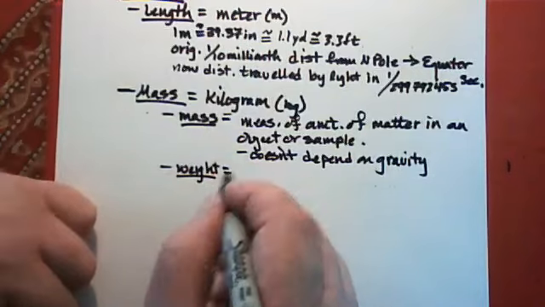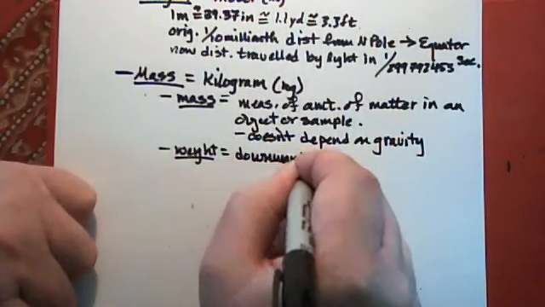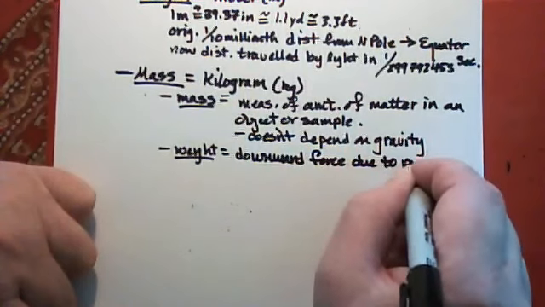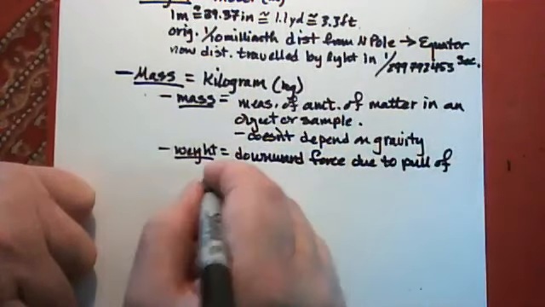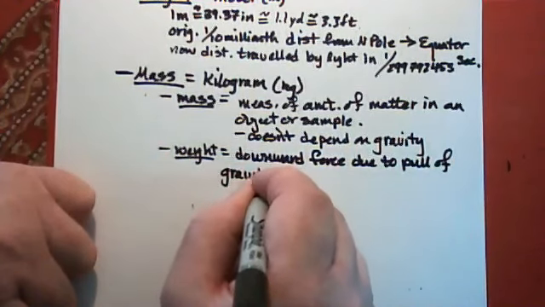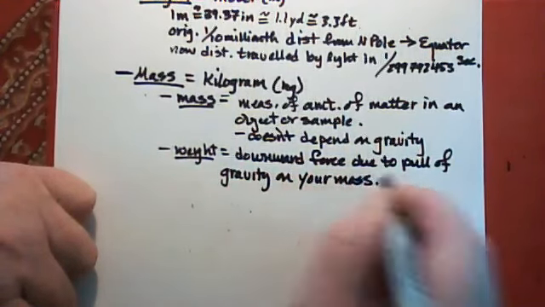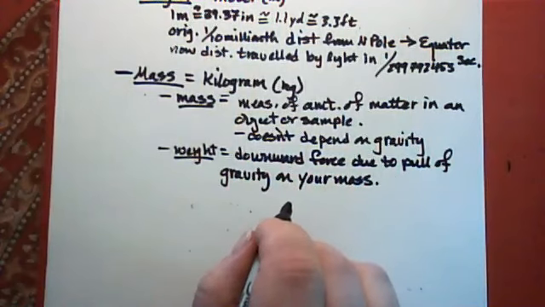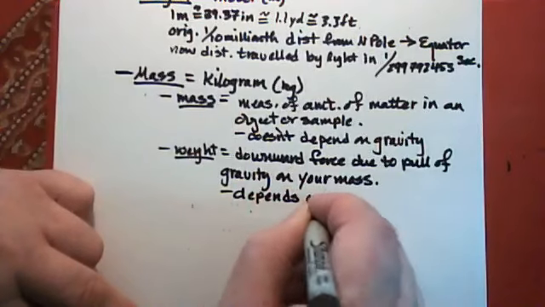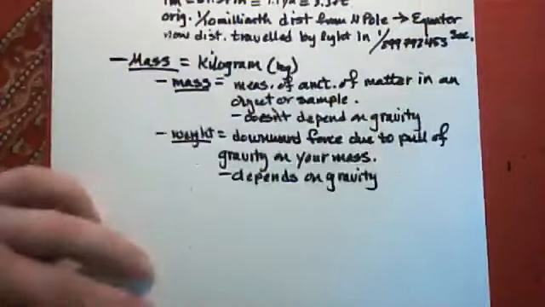Weight, on the other hand, is a downward force caused by the pull of gravity on the mass of an object or a sample. And that very much does depend on gravity.